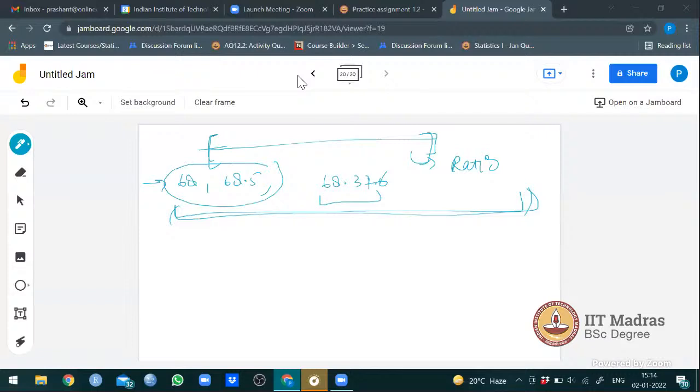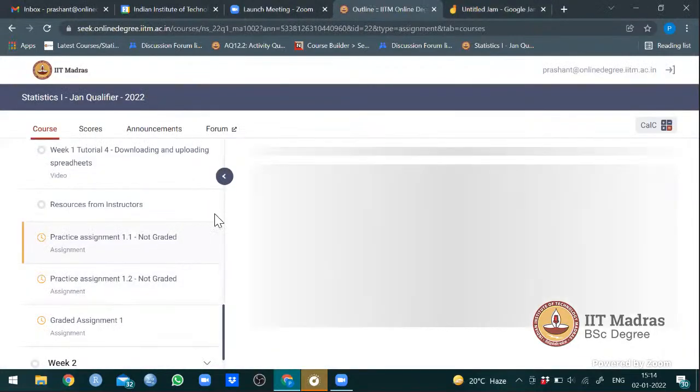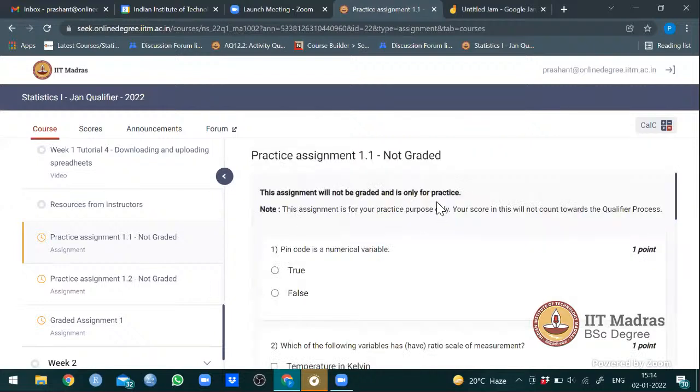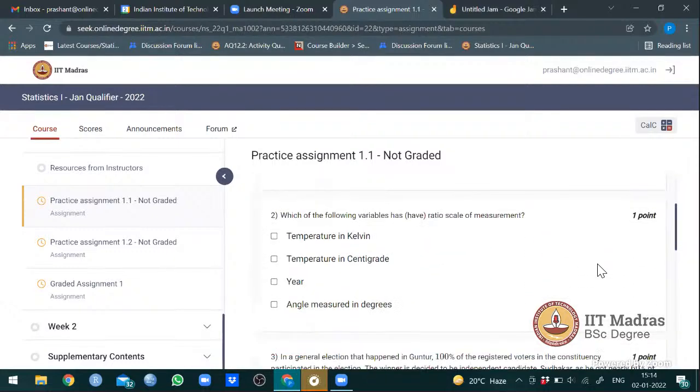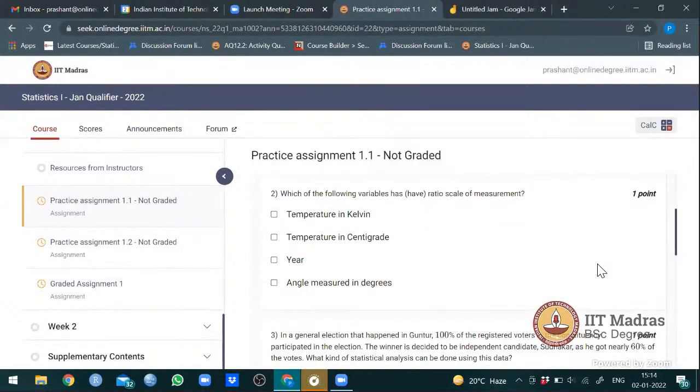Next one is I think Ravi Srivastava, right? Yes, sir, hello. I have a doubt in practice assignment 1.1, question number 2. I think 1.1 is different for everyone. I have a doubt in this set.